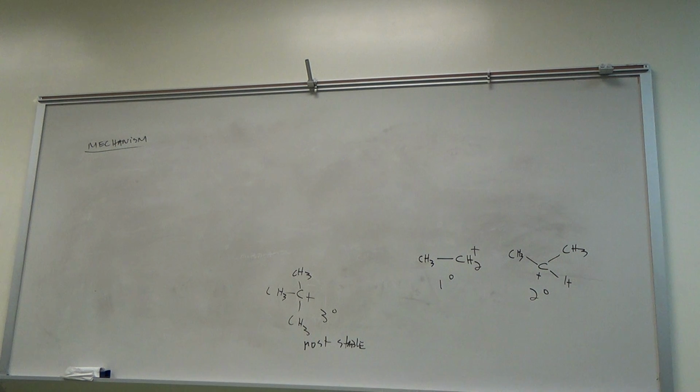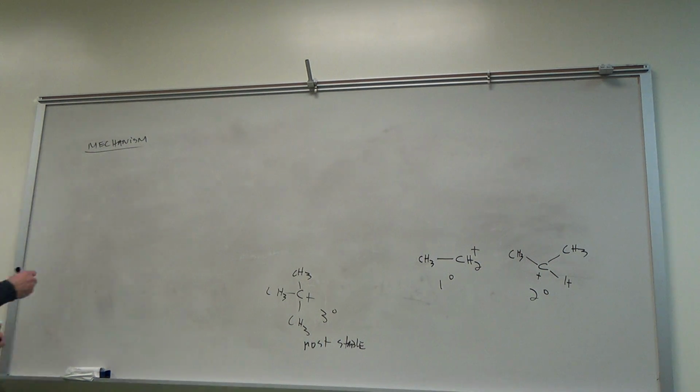Because it goes through the formation of a carbocation intermediate. Oh, wow. You guys, carbocation, you didn't see it? Maybe we should do another one, yes? It goes through the formation of a carbocation intermediate. Every time you have a carbocation intermediate, what type of carbocations are the most stable? Tertiary, secondary, primary.